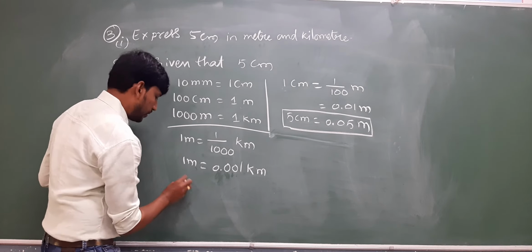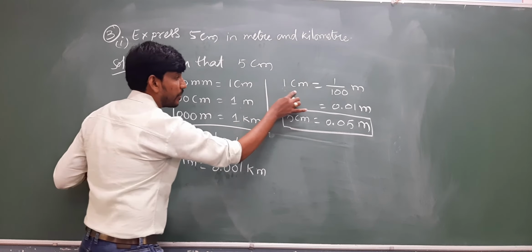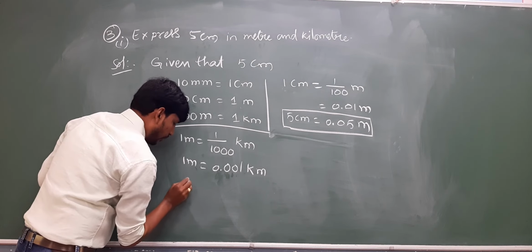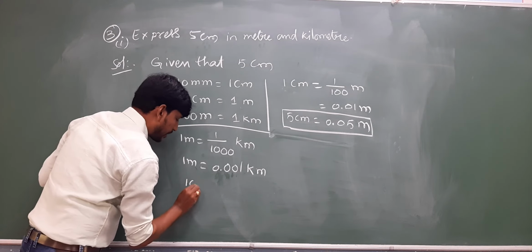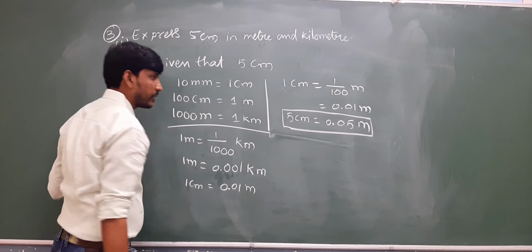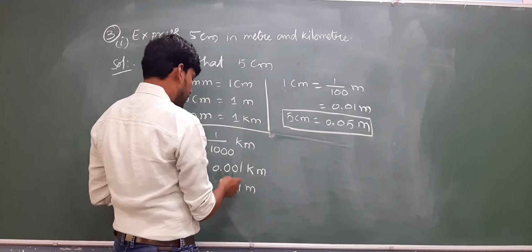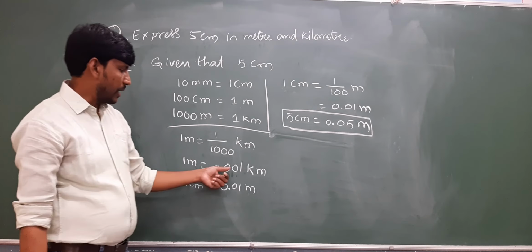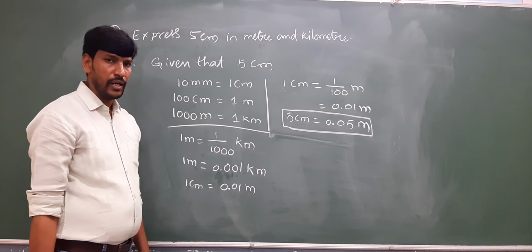But I want centimeters in terms of kilometers. Now see this here. 1 centimeter is equal to 0.01 meters. But 1 meter is equal to 0.001 kilometers. So you just multiply these two, you will get the value.